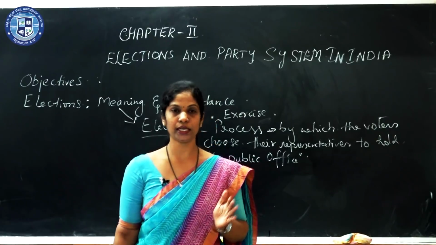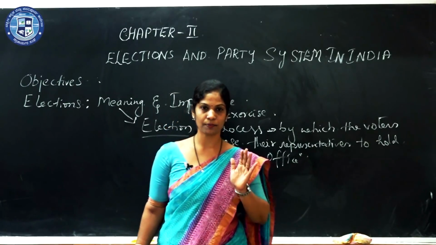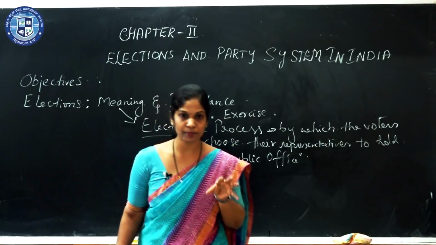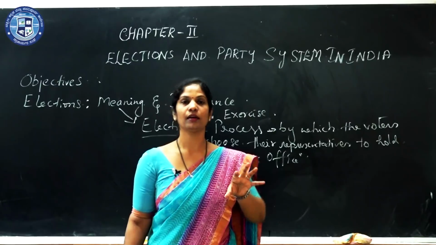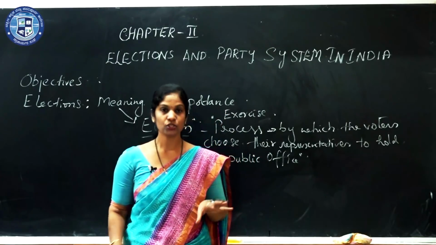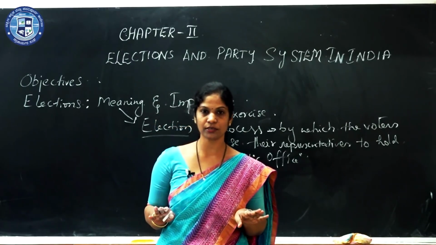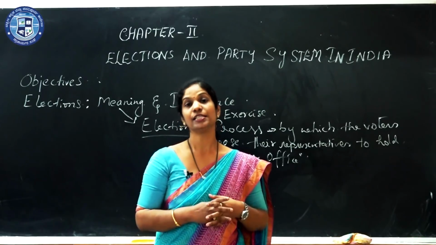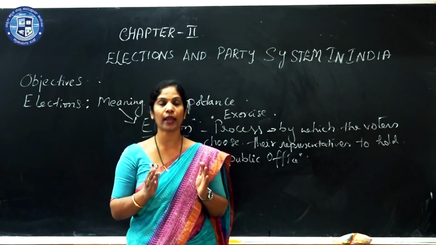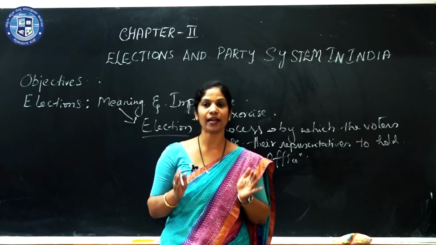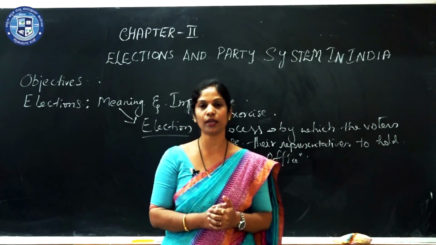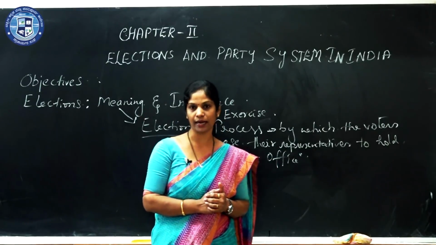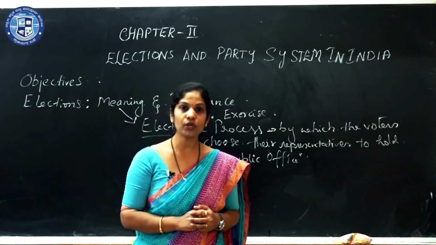Eligibility is not given on the basis of caste, color, gender, whatever it is. There is no such discrimination. All the eligible citizens, those who enjoy the civil and political rights, are known as the voters here.